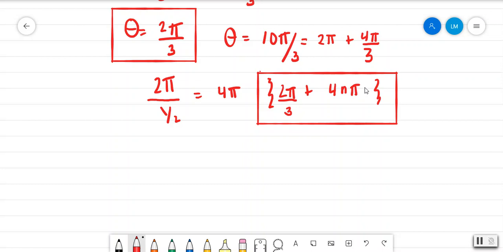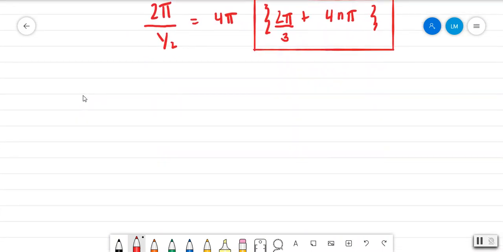Okay, so next, what we can look at is, what if we have an angle measure that is a double angle? So suppose that you have the square root of 2 times cosine of 2 theta is equal to 1.